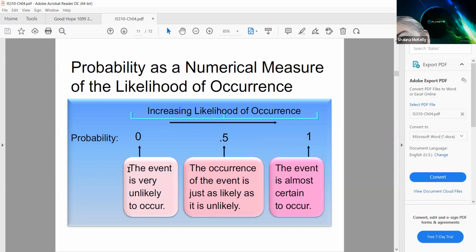So for example, it cannot be raining and not raining at the same time, right? I cannot have money in my bank account and be completely bankrupt at the same time. That's impossible. Now here, for example, if I say I'm going to roll a fair die, 1 fair die, and I'm going to roll the number 7, that would be a probability of 0. 0 means that it's impossible. This chart is misleading.